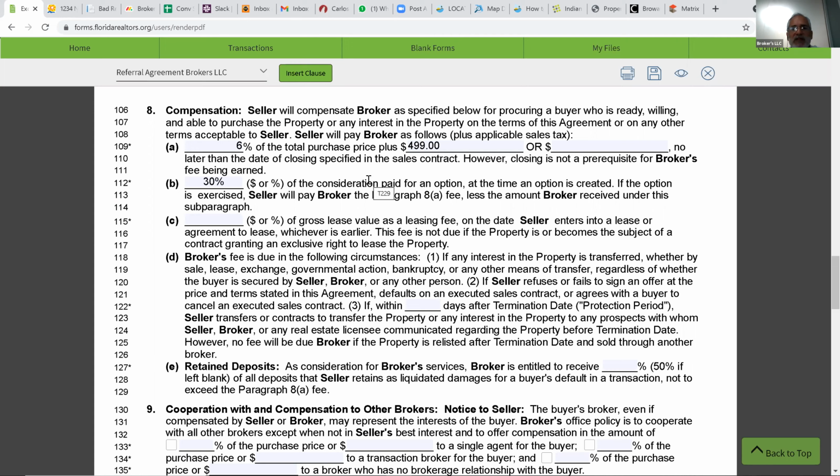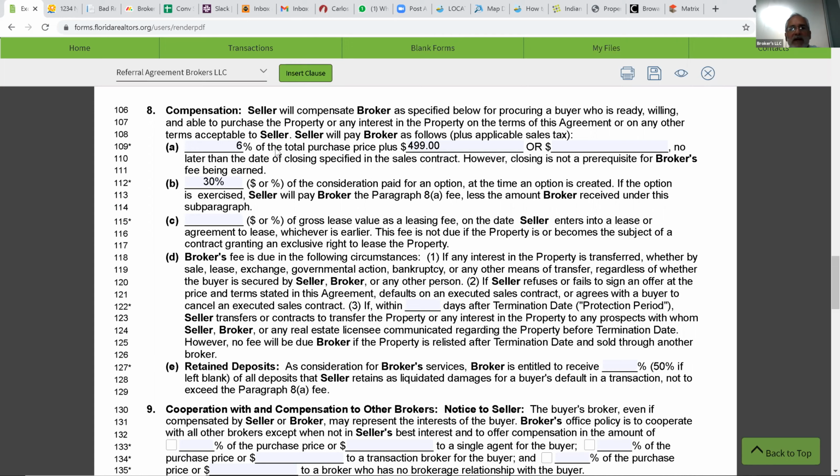This consideration is like when you are purchasing a property and you ask for an escrow amount to make the contract valid. In this case, it's exactly the same thing. The difference is that this money doesn't go to an escrow account. This money will go directly to the seller.